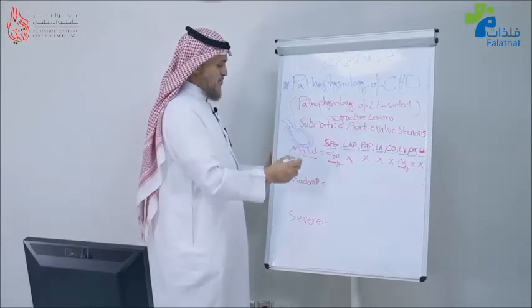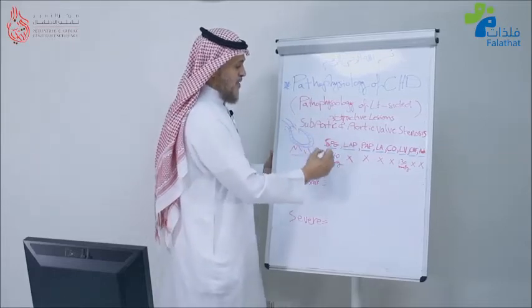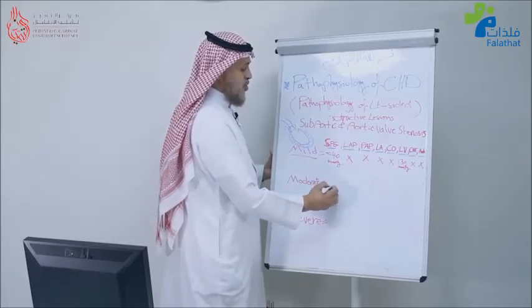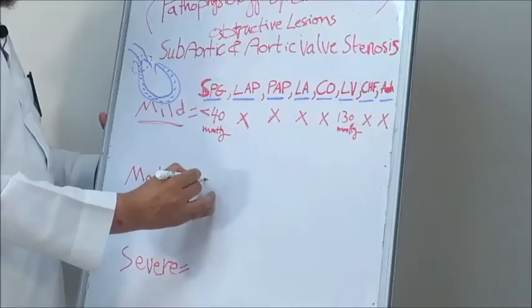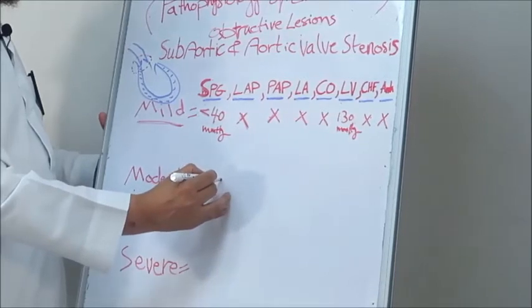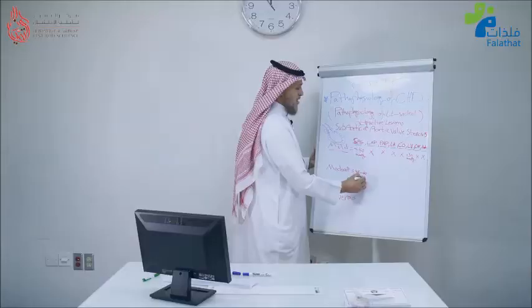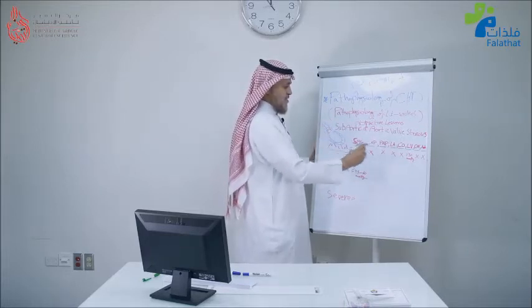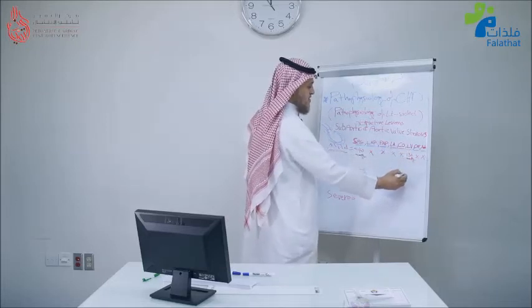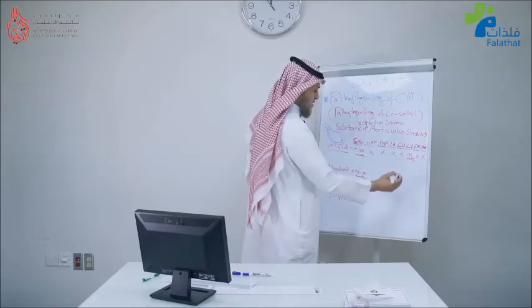So this is simple. We'll go to moderate aortic valve stenosis, talking about a peak systolic gradient of more than 40, let's say 45, and we'll take it between 45 to 60 millimeters of mercury. If we took the 60 as our maximum, plus the 100 in the aorta, then obviously we can start seeing mild to moderate LV systolic hypertension.